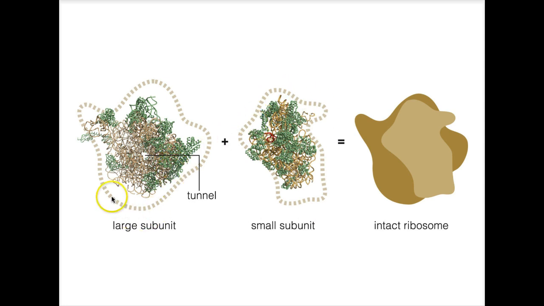Inside of this outline of the large subunit is what is believed to be the actual protein RNA folding of the large subunit of the ribosome. Same concept here, but we're looking at the small subunit. And then over here we have an artist's rendition of an intact ribosome, which will be found sandwiched around a messenger RNA molecule.